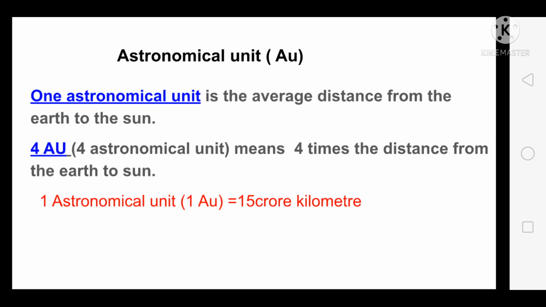Now let us see what is an astronomical unit. One astronomical unit is the average distance from Earth to the Sun. That is, the average distance from Earth to Sun is known as one astronomical unit.